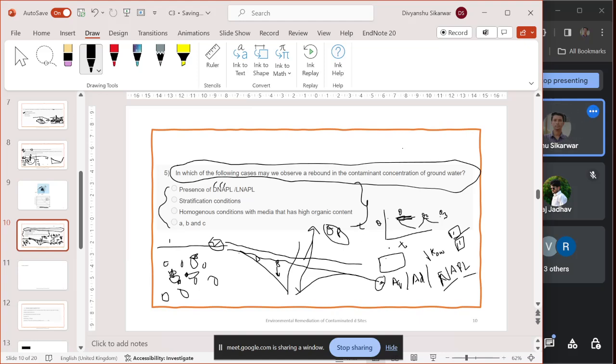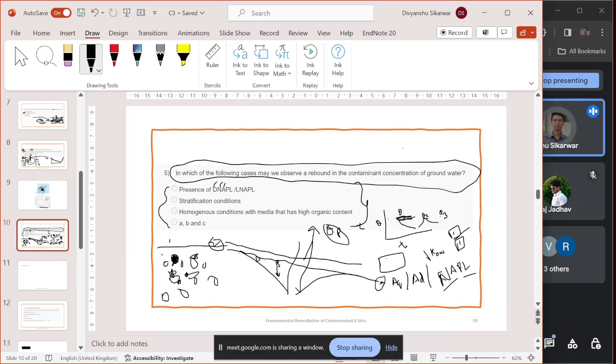If I call this the soil, this is the contaminant, NAPL will exist as a ball sort of thing. It won't get dissolved in the water and it won't get adsorbed on the soil particle. It will be present independently in the soil.